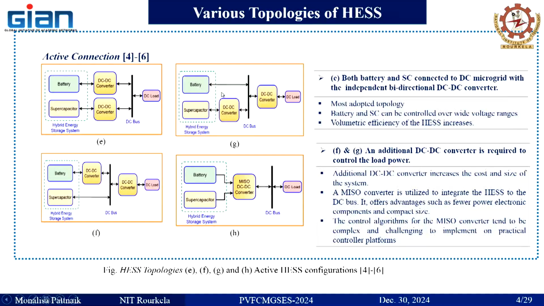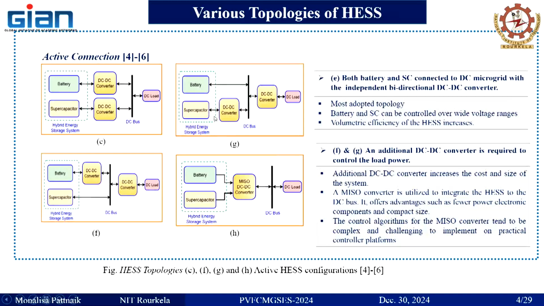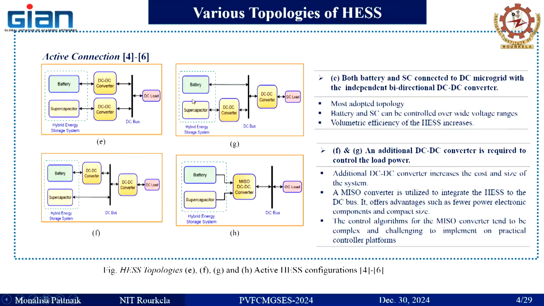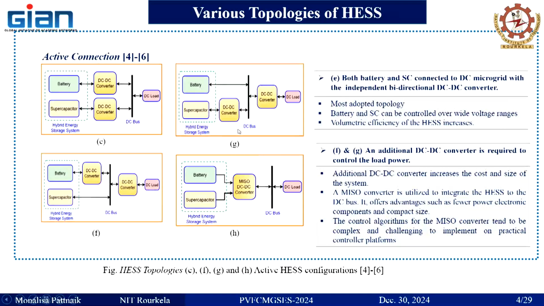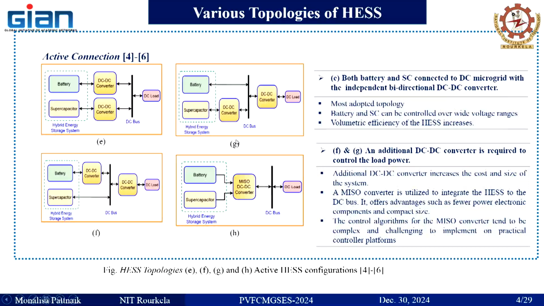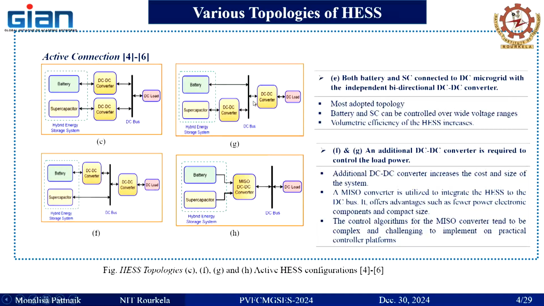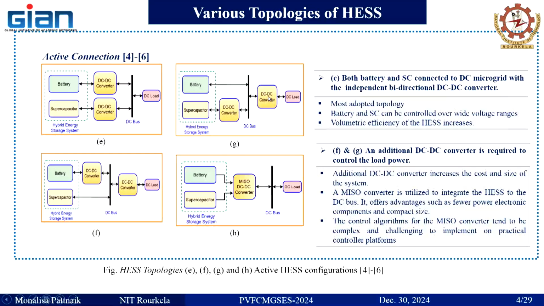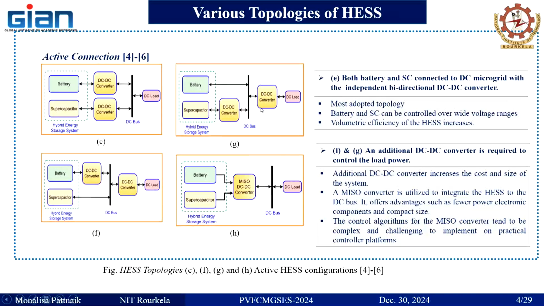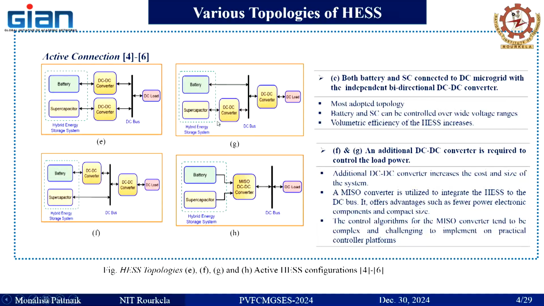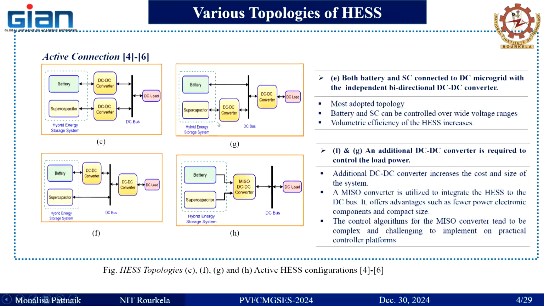Before that, I just want to show other topologies, where instead of this, either the battery or the supercapacitor is connected through the DC-DC converter. If you see figures F and G, after controlling the DC bus, it is again connected to the load through another DC-DC converter. So DC bus voltage regulation as well as one of the storage units is controlled properly.